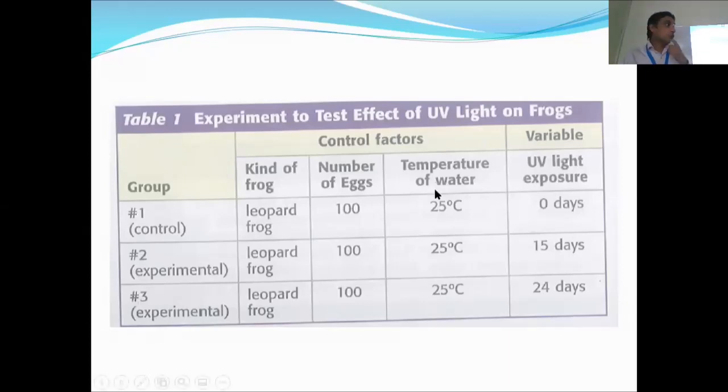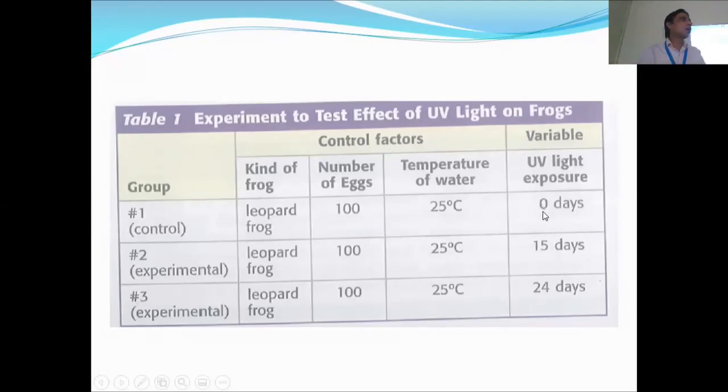We allow them to grow and develop in a water tank, keeping the temperature constant. You need to make sure that everything else is constant, and then only one variable. All these 3 are the control factors. Otherwise, you're not able to put the blame on ultraviolet light if all these variables are different. You need to make sure that all the control variables are the same, except the one you want to check. You want to check what? Ultraviolet radiation.